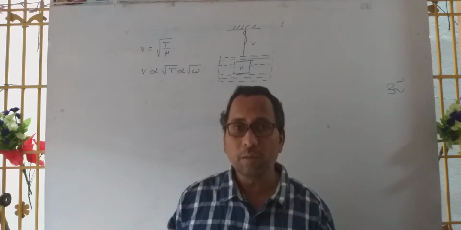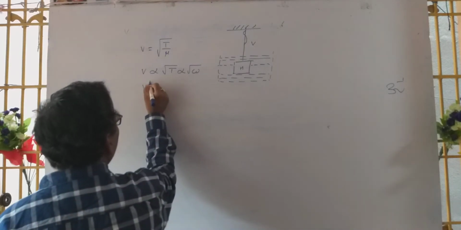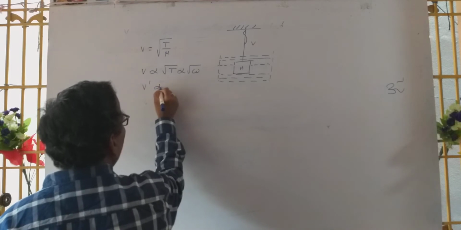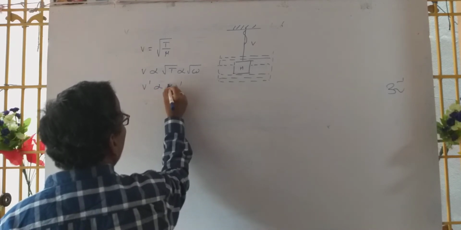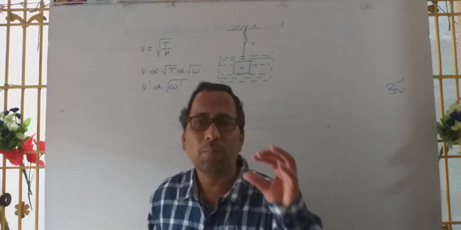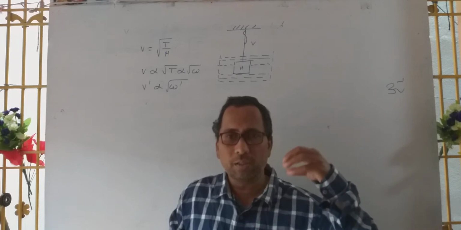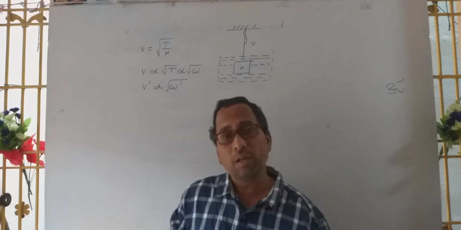When it is immersed in the liquid, the velocity v dash is proportional to root of W dash. W dash means apparent weight. When the block is in the air, it has some weight. When it is immersed in the liquid, it has a different weight.